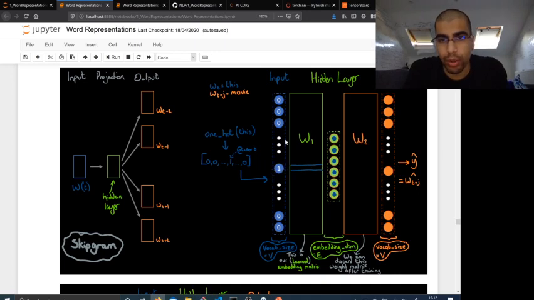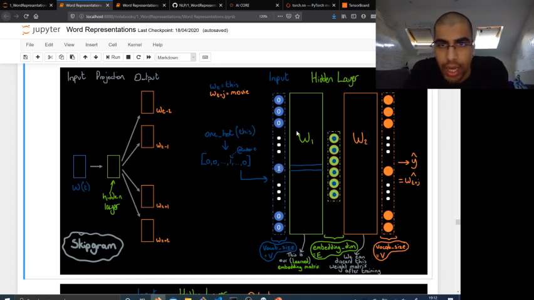Let's say this is 10,000, and our hidden layer is 50. That means our weights matrix is going to be 10,000 down and 50 across. And where our input is 1, for index 7,500 let's say, we're going to look at index 7,500 in this weights matrix and get this vector, and that will be the vector in the hidden layer. Because what we're doing is multiplying a one-hot vector by a matrix, and all that does is extract out the relevant vector for where the index is 1.